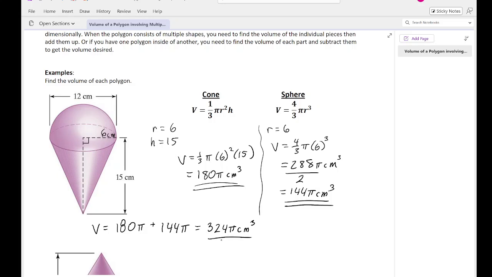That's the exact answer, but if you wanted the approximate answer, I just used pi from my calculator, and I'm going to get, to 2 decimal places, 1017.88 cubic centimeters for the approximate answer versus the exact. Again, everything is cubic centimeters because we're in three-dimensional measurements.